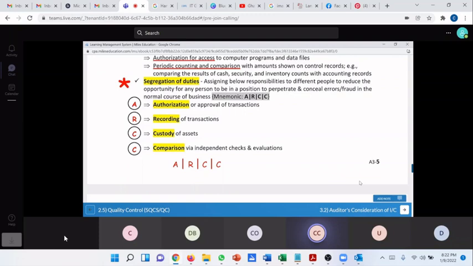So every module will have its own type of control, right? Every software will have its own application controls. So you need to first understand what the application does, what the software functionality is, to form an opinion on this.